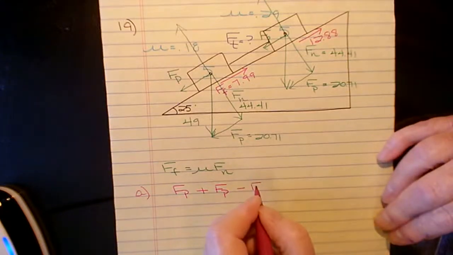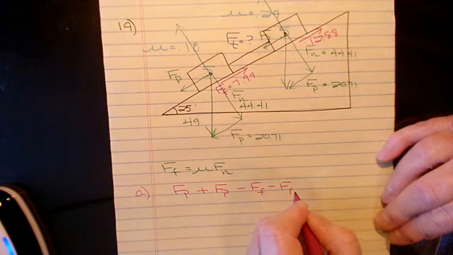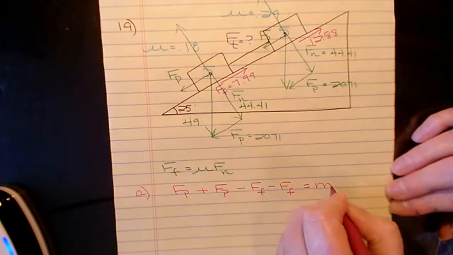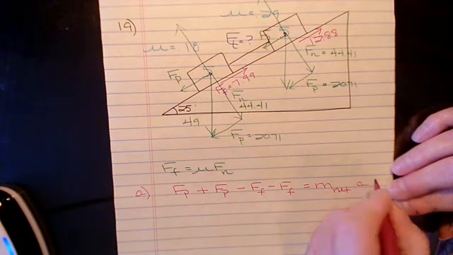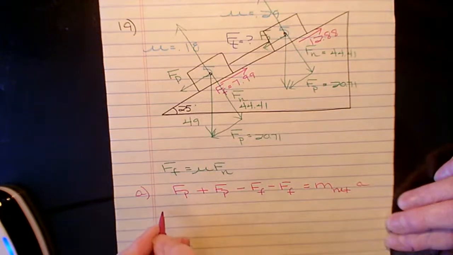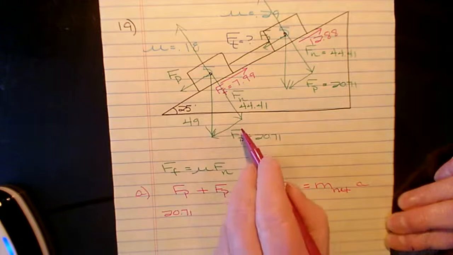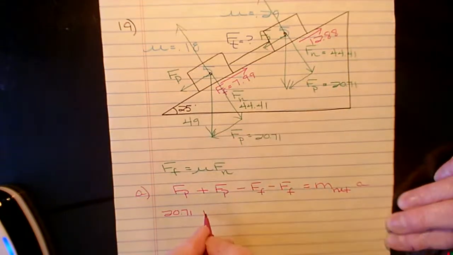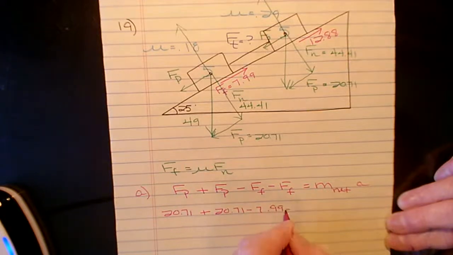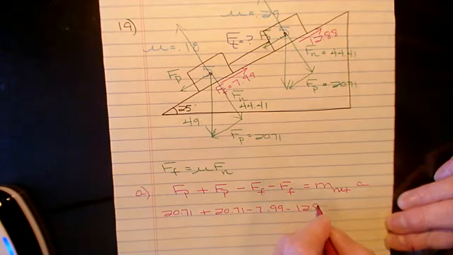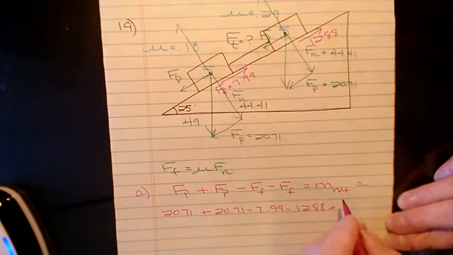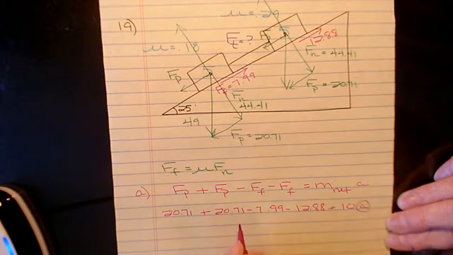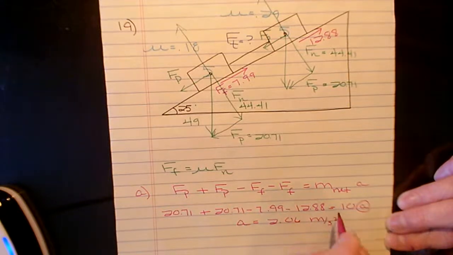So we subtract off the friction for the first, subtract off the friction for the second, and that would be M net and A. So we would have 20.71, FP for the first one, FP for the second one, minus friction for the first block, minus friction for the second block. Add the two masses together, and then we can find the acceleration, which I got as 2.06 meters per second squared.